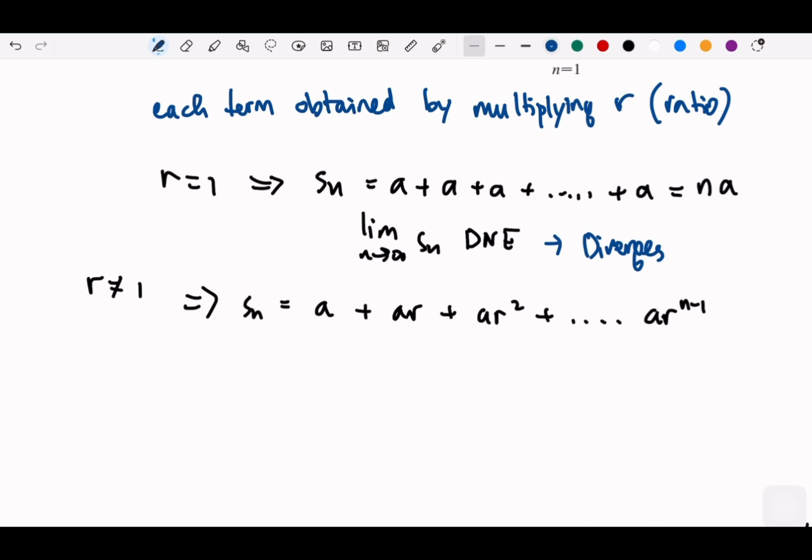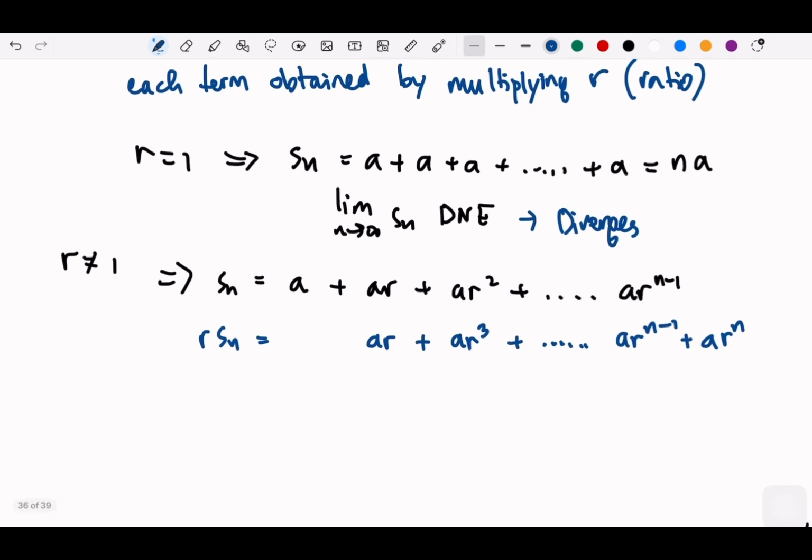This will be r Sn, and I will write the first term shifted so that the terms coincide, and this will be a r cubed, and also the last term which we multiply by r will be a r to the power of n. And then he subtracts this.